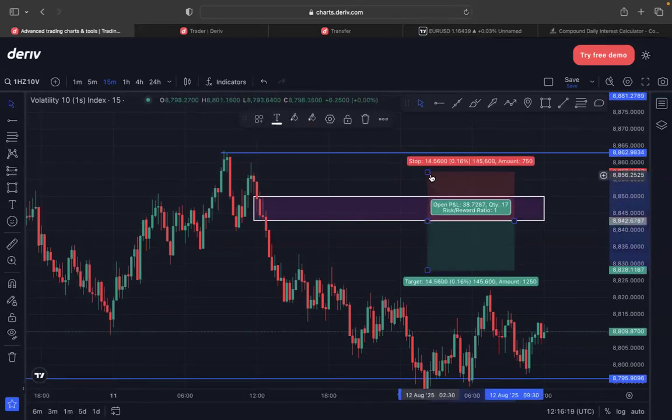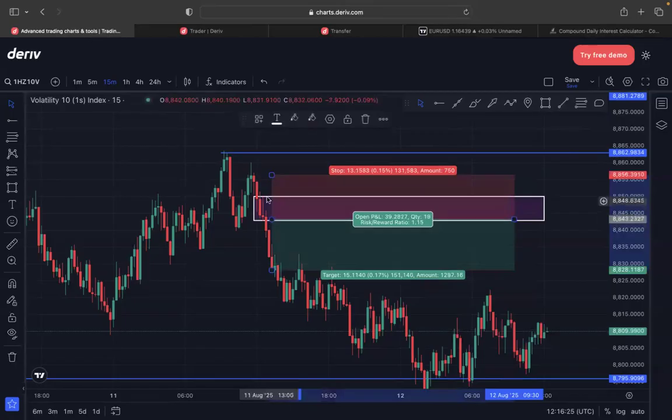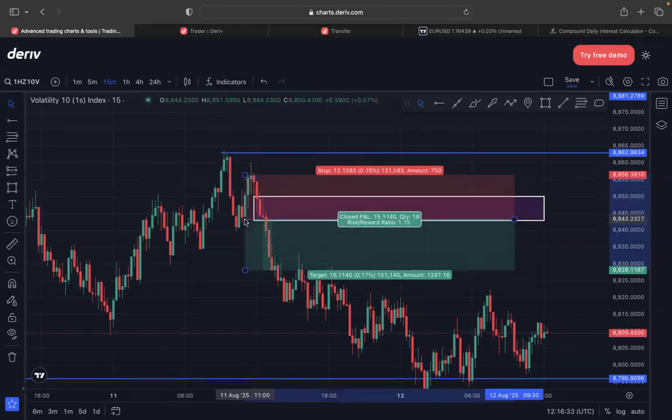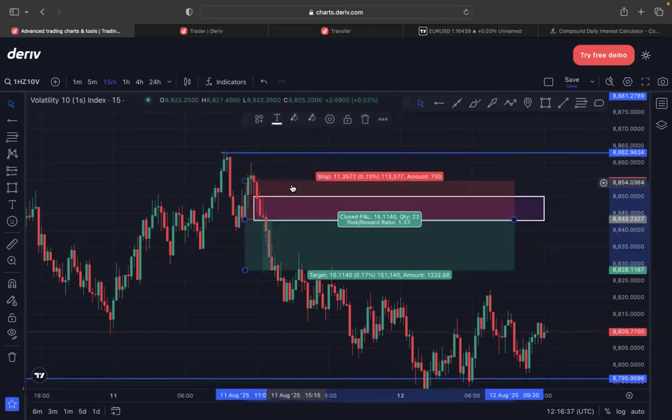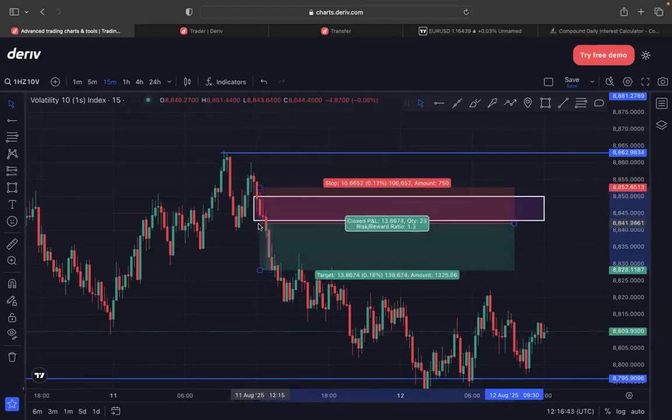My entry here, my stop loss. For a more secure one, the stop loss is supposed to be above here. But for this one, I'm probably going to put my stop loss right there.